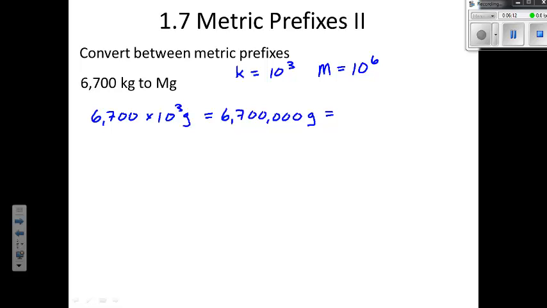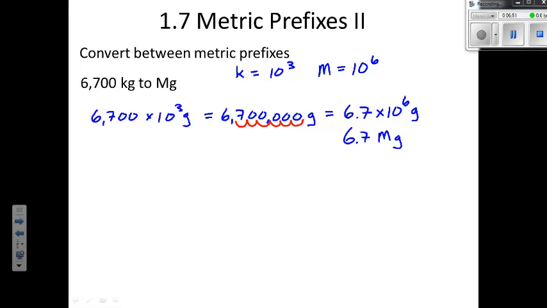So we move the decimal point over 6 places to the left. Left goes up, so it's going to be 6.7 times 10 to the 6th grams, and we know that we can replace 10 to the 6th with mega. So 6.7 megagrams. So convert it to grams, standard notation, and then convert it back to the metric prefix. One way to do it.